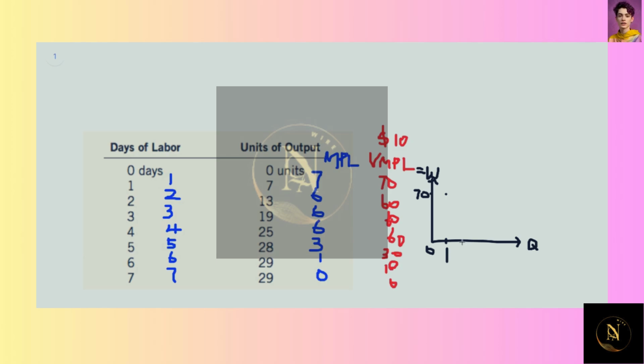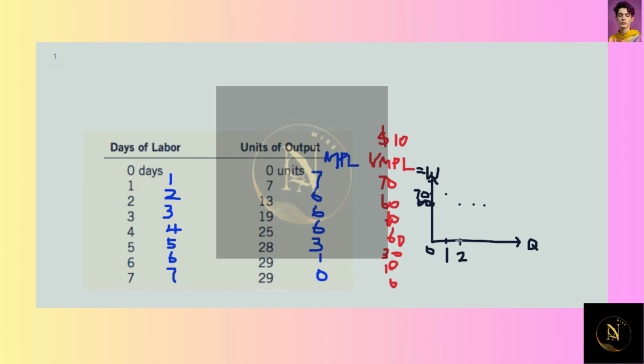And then the second labor, his value is 60 over here. So 60, this point is 60. And then the third labor also 60. And then the fourth also 60.